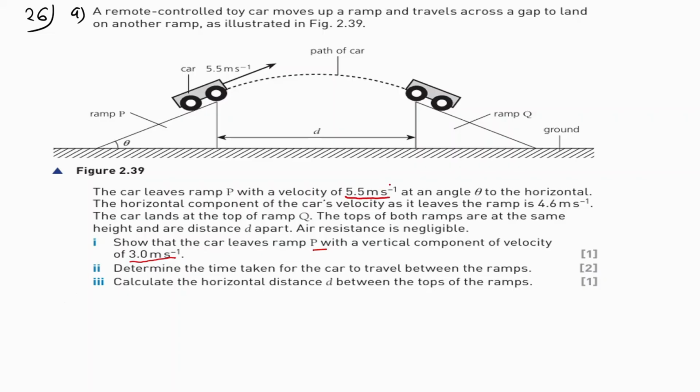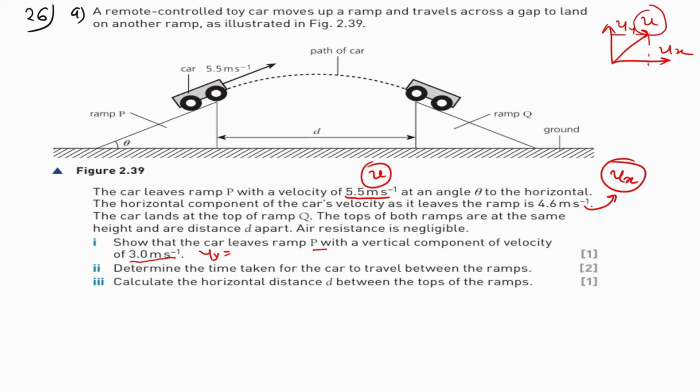Here in this question, u is 5.5 meters per second, and they have given the horizontal component, ux. We need to show that uy is equal to 3 meters per second. As you know, this is u, this is ux and this is uy. To find the resultant vector, you just do vector addition.